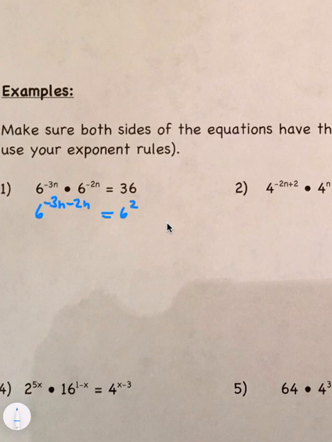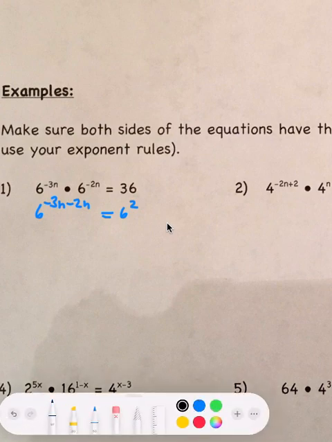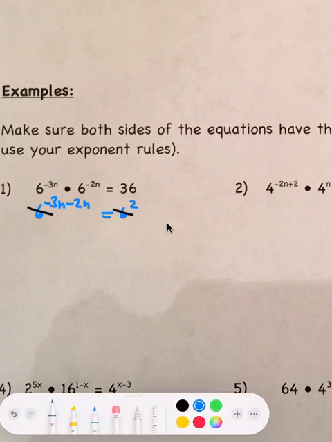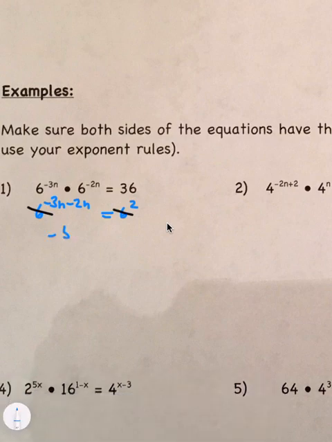So once we have the same base on both sides, get rid of the base. Set the powers equal to each other. So negative 5n equals 2, or n equals negative 2/5. Okay? So we had to create the same base and then follow our exponent rules.